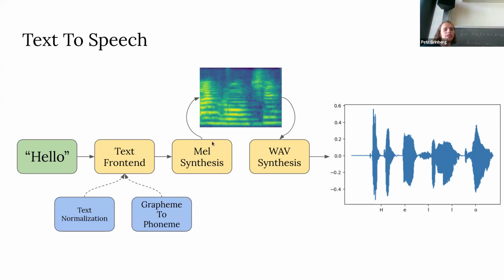So you don't train wave synthesis from text. You train it from real audio, and then when you want to create a text-to-speech model, you use one model to create Mel spectrogram from text, and another model to create audio from the generated Mel spectrogram.